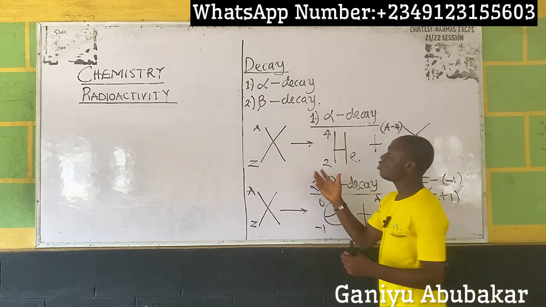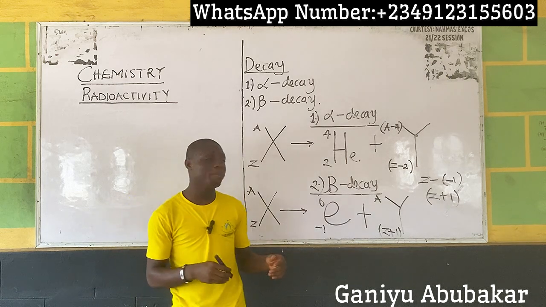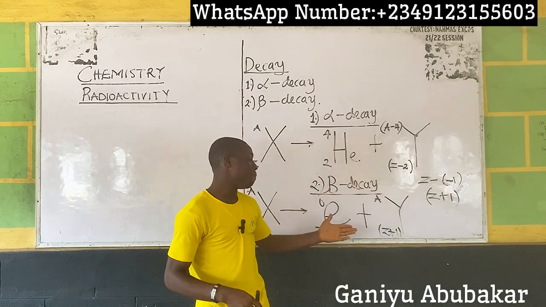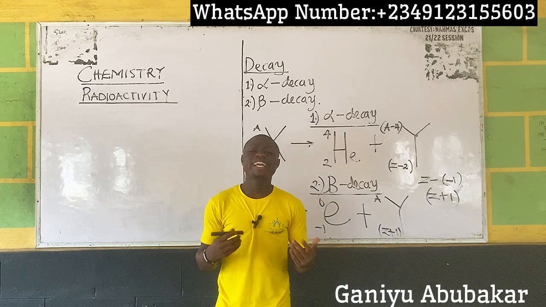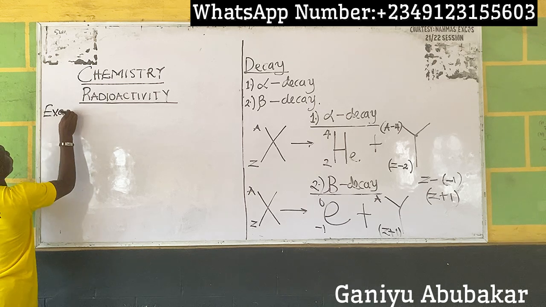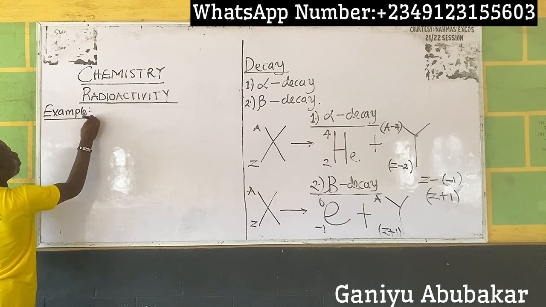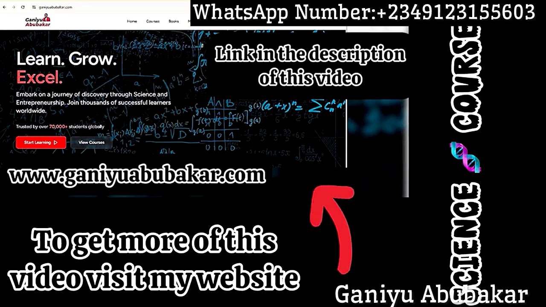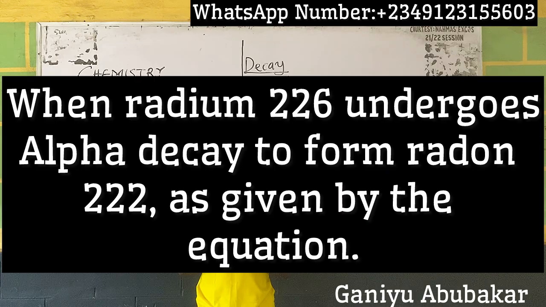Let's look at some examples under this and understand in depth how alpha decay and beta decay work. Example: radium-226 decays to form radon-222 as given by the equation below.